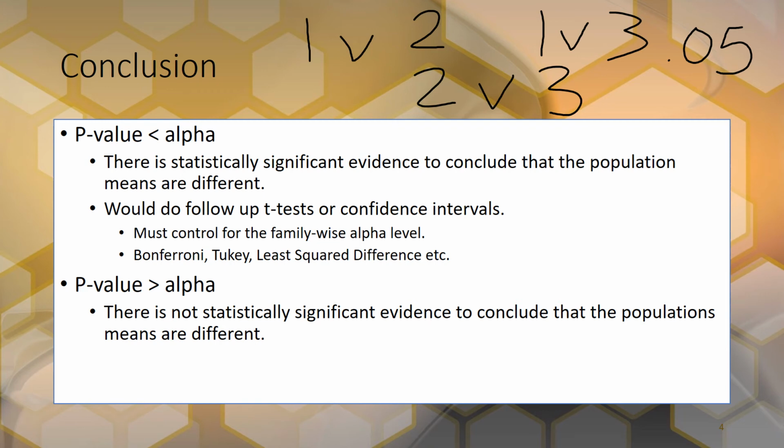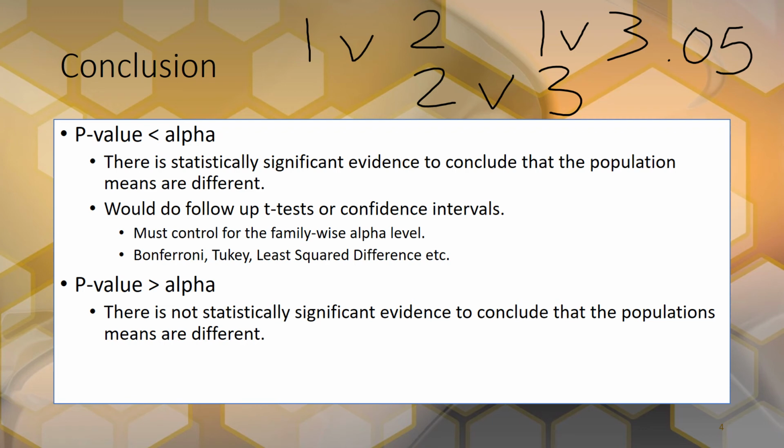There's different ways. Here are some of the ways. So you can do a Bonferroni correction, Tukey correction, or least square difference correction. The easiest one to explain is the Bonferroni. And basically what the Bonferroni does is takes your alpha level and divides by the number of comparisons you're doing. So we're going to do 3 comparisons in this example.